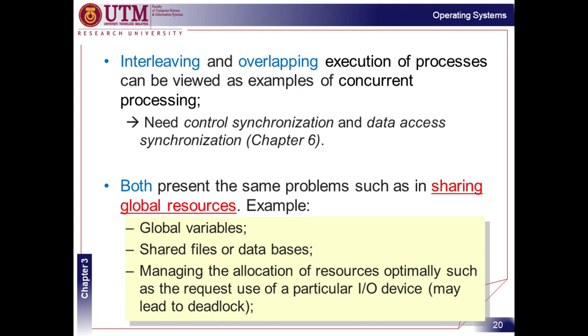Sharing global resources can cause problems such as inconsistency, corruption, or deadlock. For example, if two processes try to modify the same global variable at the same time, they may override each other's changes and produce incorrect results.